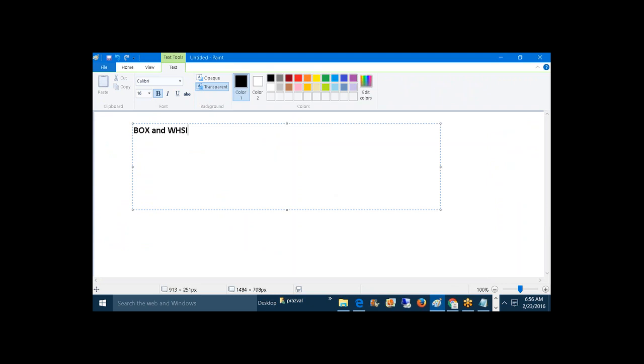The box and whisker plot will indicate 50% of the values in the form of a box and the remaining 50% of the values in the form of a line.